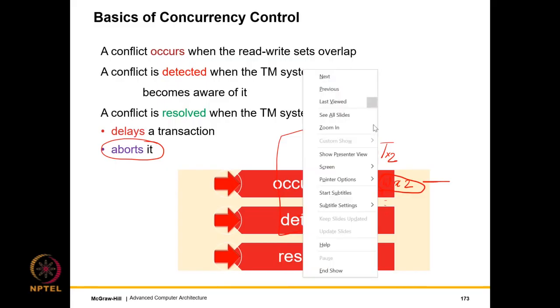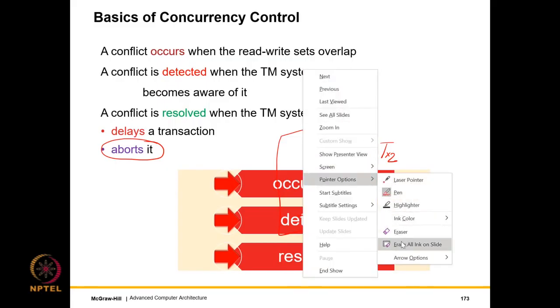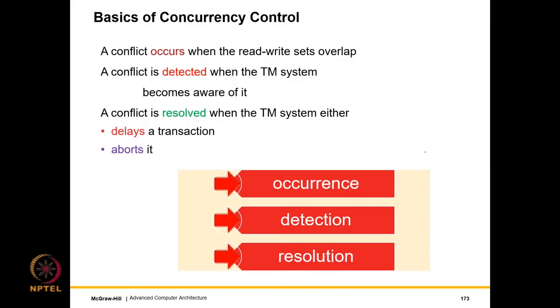So there are three aspects in any transactional memory system which deserve our attention. These are the occurrence of conflicts. Of course, this is an artifact of a program. Detection of a conflict. There are many ways to detect conflicts, both in software as well as in hardware.